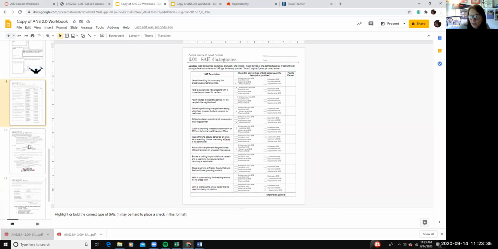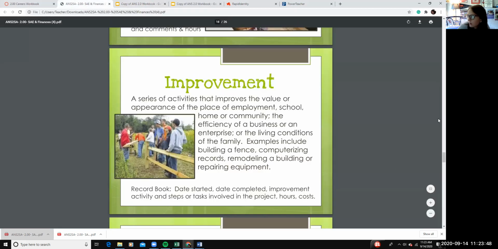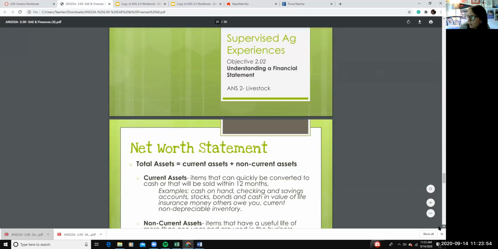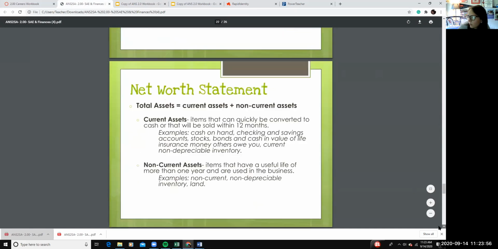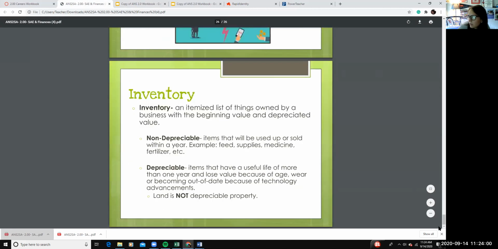All right, today you are to complete the notes on slide 10 today, or page 10 in your workbook. For slides, I think it would be like 20, 21 through 26.